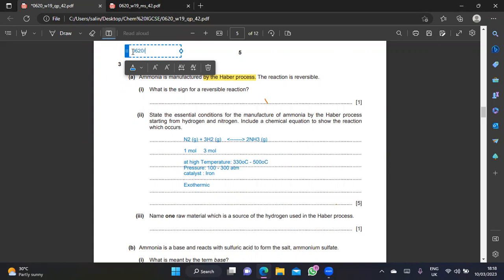Okay, this is October/November 2019. And it's a paper 4. Paper 4, yeah? And this question is question number 3. There you go.